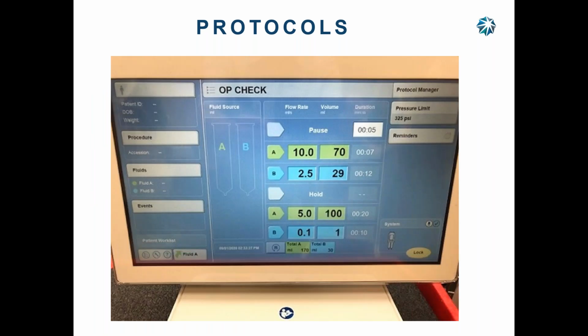And there's the protocols, how it's set up. A side, 10, flow rate, volume is 70, 2.5, 29. A and B, what's B? Saline, or they also call it flush. And then there's your pressure limit of 325.